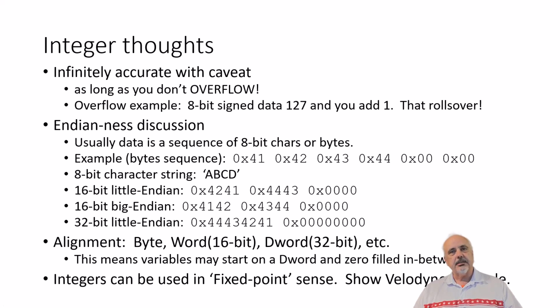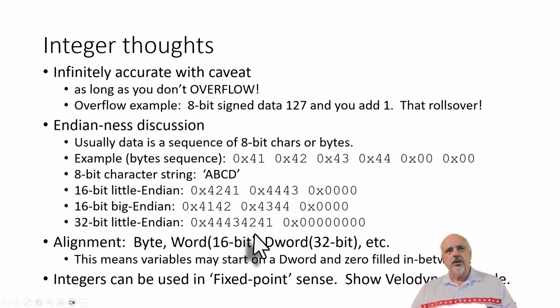I think I said that right. And if it's 32-bit Little Endian, you're going to be going A, B, C, D. A is going to be the low byte. B is the second-lowest byte. C comes after that, and D is going to be the highest byte in the 32-bit word.